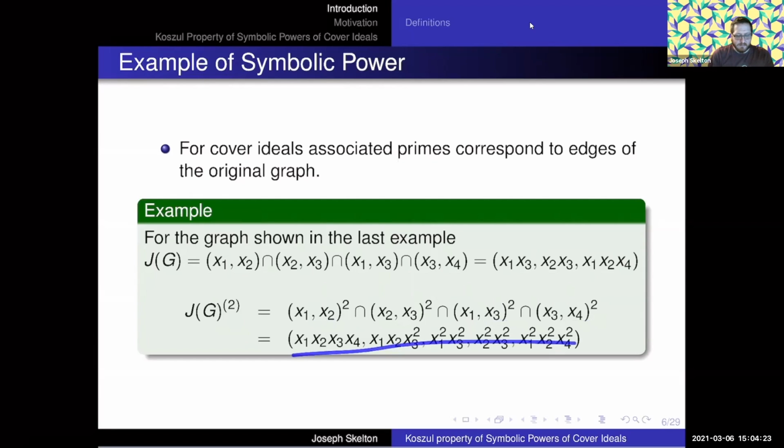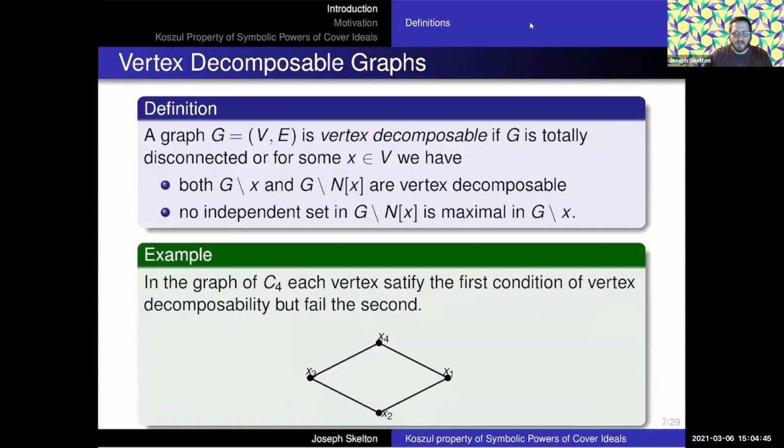And you get this, which got real gross real fast and lost a lot of really nice properties. That's basically how symbolic powers work. And they have lots of applications across various parts of algebra, which I won't go into because they get very complicated very quickly.